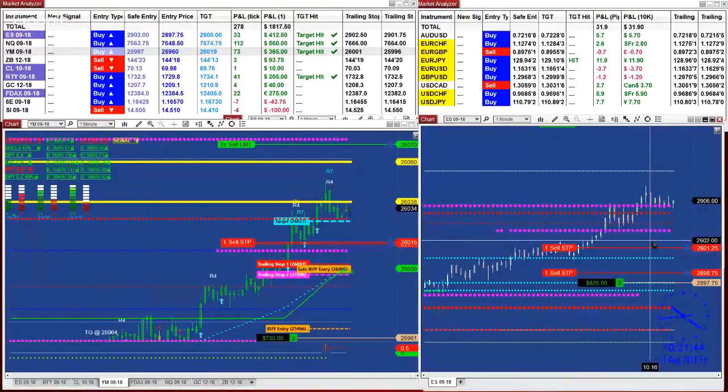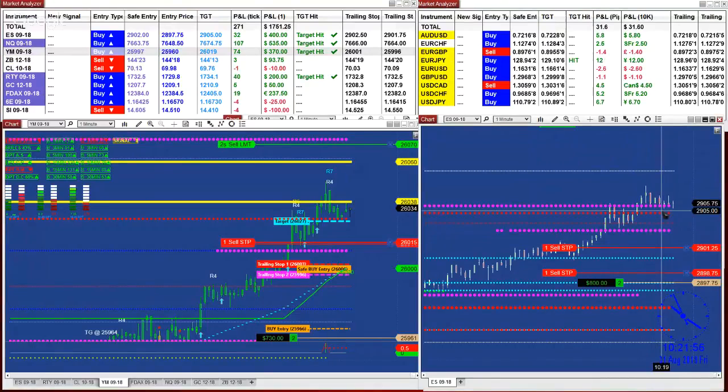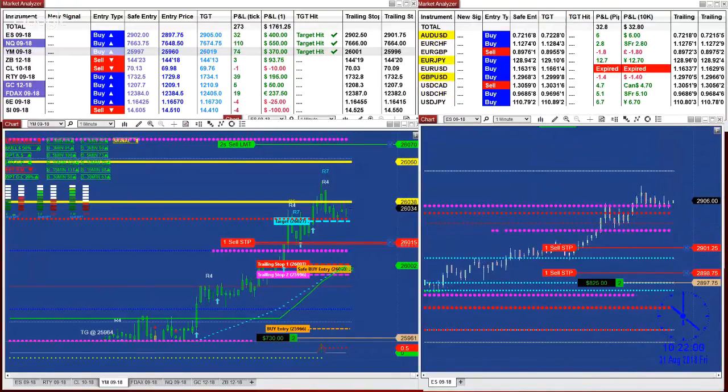That means you are no longer able to read this market because those numbers are extremely tight to each other. That indicates the probability this market will be getting caught between those channels, and this is where 99% of the retailers start losing money.